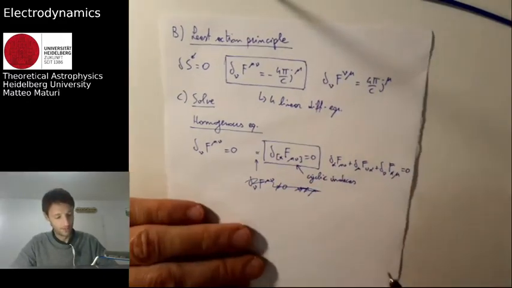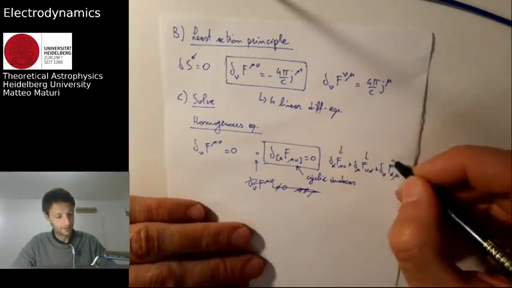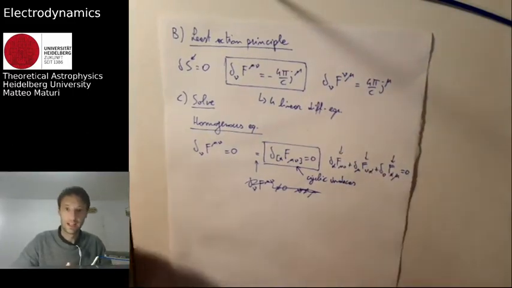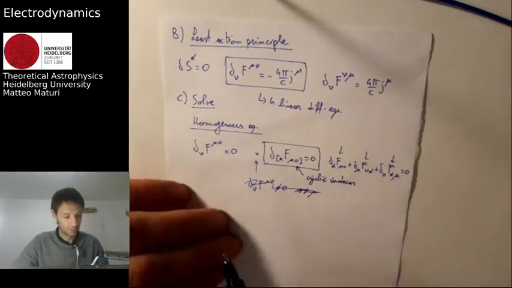Try plugging in F here. Because it is an antisymmetric tensor, you will see that this is equal to 0.